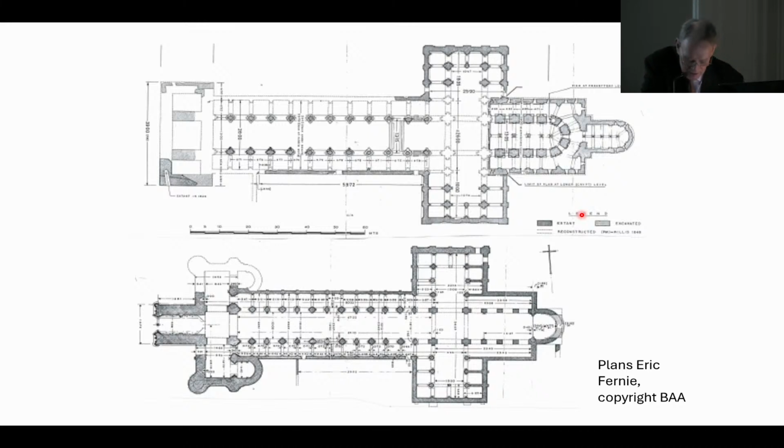And the answer in this case appears to be, if you look at the transepts of the two churches, which are directly comparable because they both survive in their Romanesque form comparatively well, the answer appears to be Ely is an eighth smaller, 12.5% smaller than the transept at Winchester.